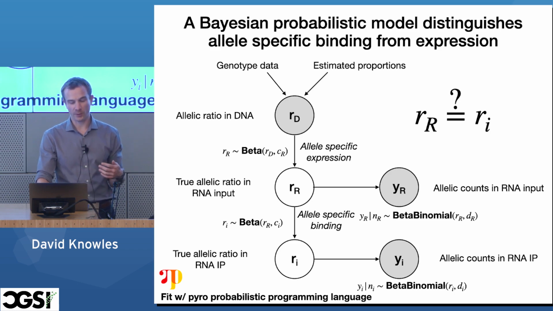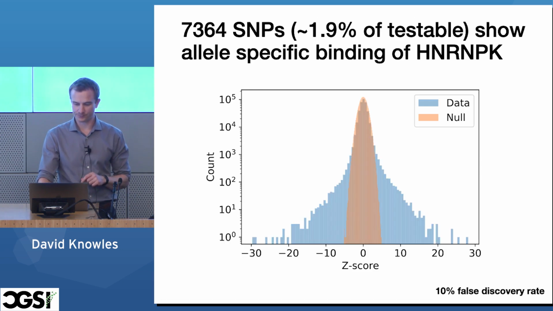And Pyro is built on top of PyTorch, one of the big deep learning libraries. So it gets all the advantages of being able to use GPU computation to do all the fitting very efficiently. And the question we're going to be interested in is whether this ratio, the ratio at the RNA level, is equal to the ratio in the IP. And that's going to be telling us whether there is allele-specific binding or not at each SNP.